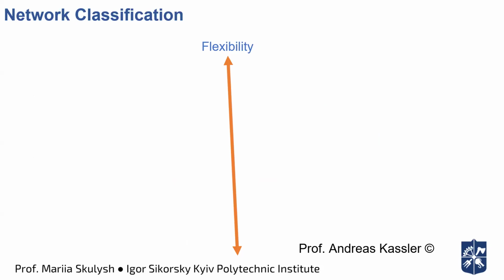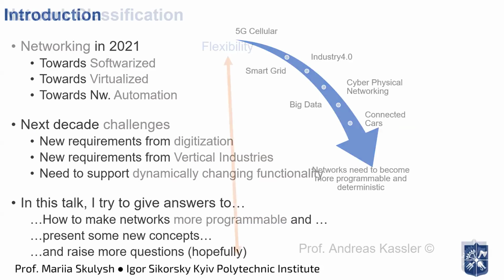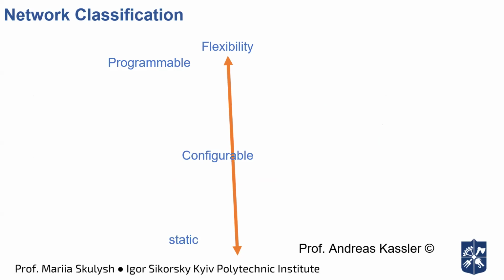According to Professor Anders Kassler, such a diagram has flexibility on one side and static on the other side. What we want from networks and how we should organize the network to solve all the problems we have.